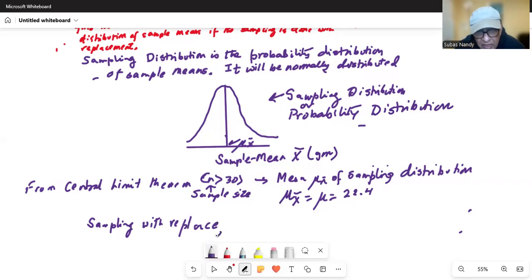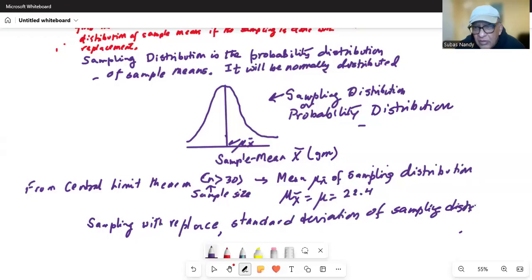The standard deviation of the sampling distribution is given by, with replacement. So erase this and correct it.